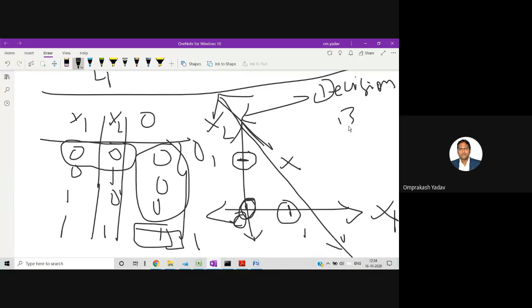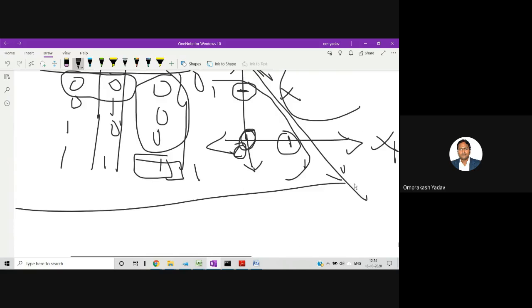Remember, we should not draw a curve like this. Only a straight line should be there, and it should be able to separate all the classes properly. If this is happening, then this problem is called a linear separable problem.